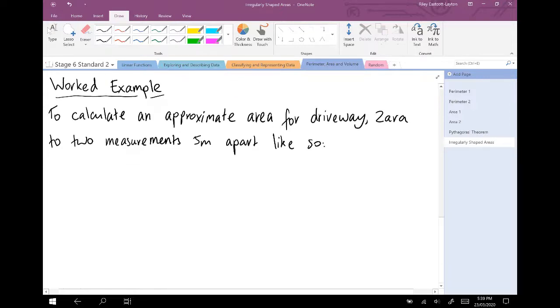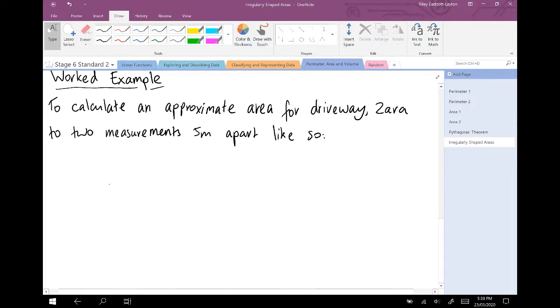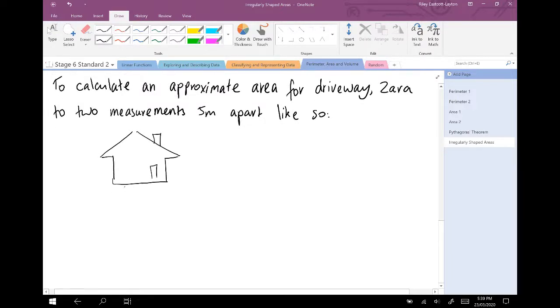So here's Zara's house. And Zara's house looks a little something like this. And we've got the front door here. There's the house. And here's Zara's driveway. And Zara's driveway comes out like this. Let's say it goes a little something like this.